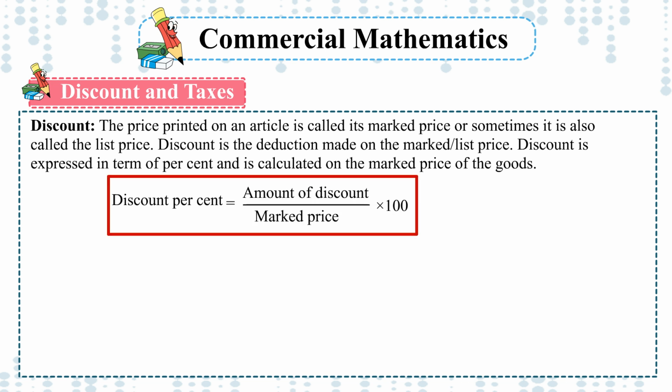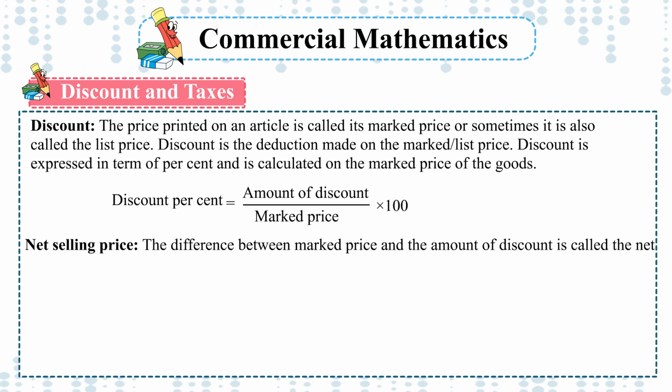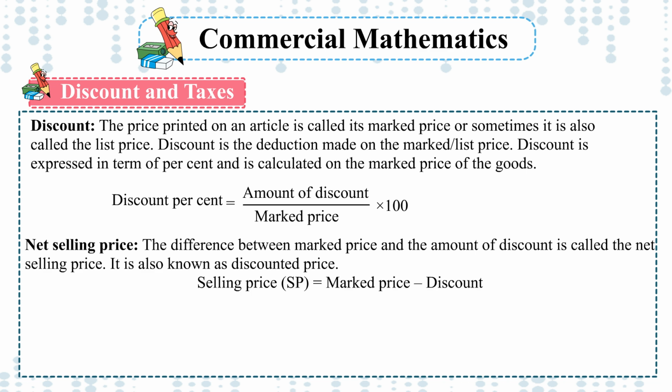Discount percent is equal to amount of discount upon marked price multiply 100. Net selling price: the difference between marked price and the amount of discount is called the net selling price. It is also known as discounted price. Selling price (SP) is equal to marked price minus discount.